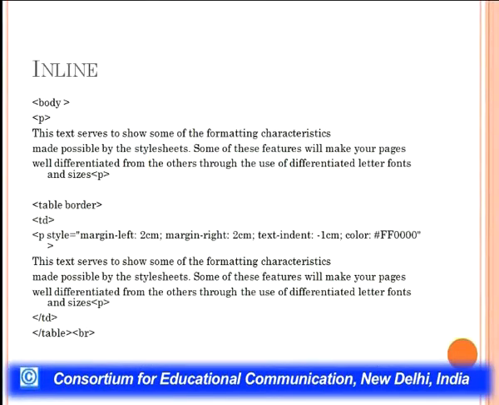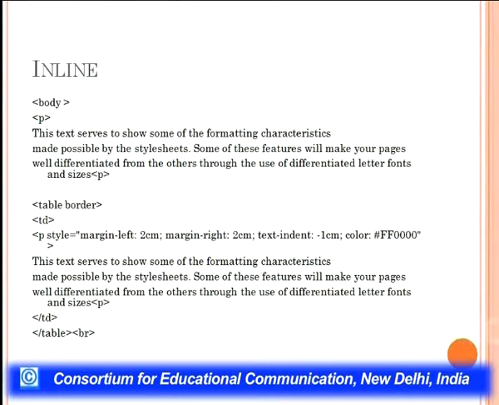So inline, basically, another example is shown here, where you see that in the body we are defining a paragraph. The first instance you see is a normal paragraph. In the second instance of the p tag, we have defined a style using the attribute style is equal to, and we have defined the style.